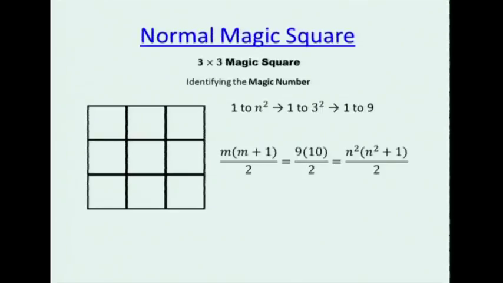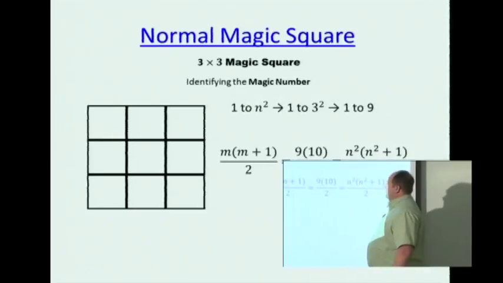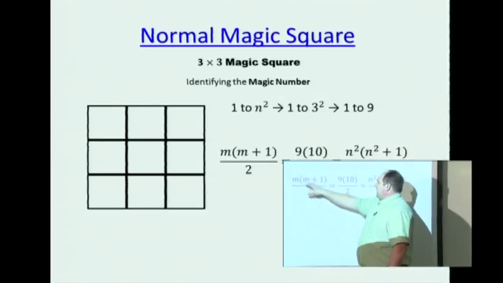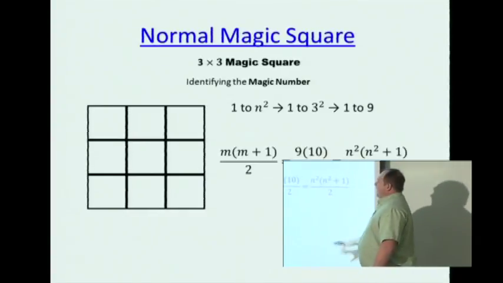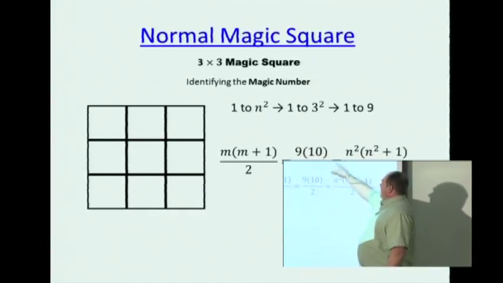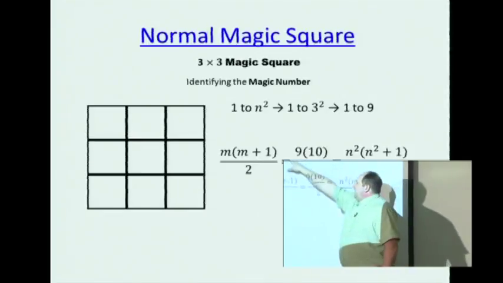So in general, we can use this idea that Gauss came up with. From 1 to n squared, in our case 9, is 1 to 3 squared, which is 1 to 9. So that's 9 times 9 plus 1 divided by 2, so 9 times 10 divided by 2, because again, 9 is the same thing as n squared.